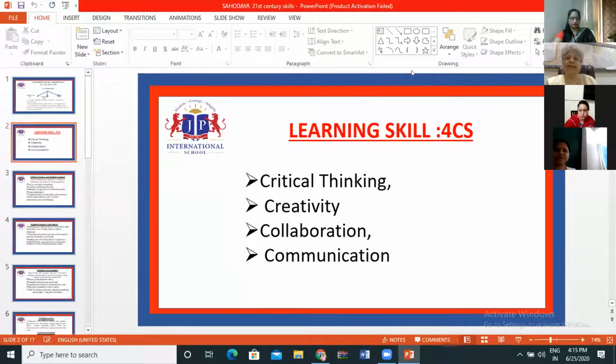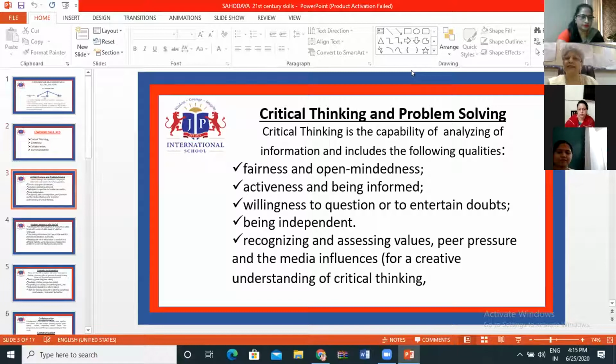Now, as I said, learning skill has 4 C's. They are all these that I have already told you. Now, what is critical thinking? How do we understand a child? How can we inculcate it? And how do we know that a child is a critical thinker? Critical thinking is the capability of analyzing information and includes the following qualities.